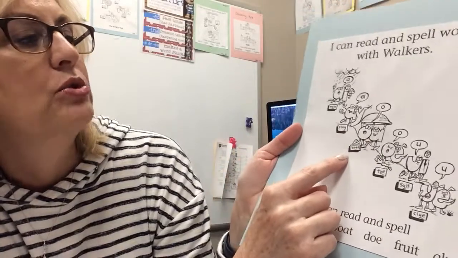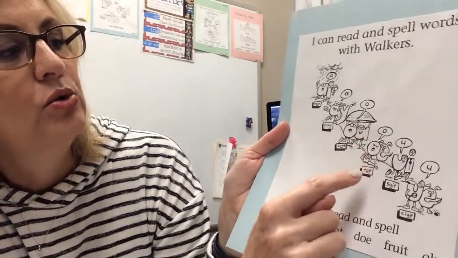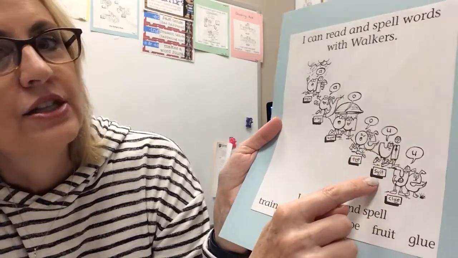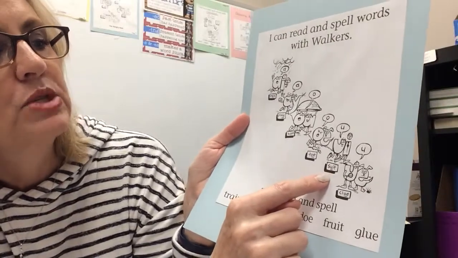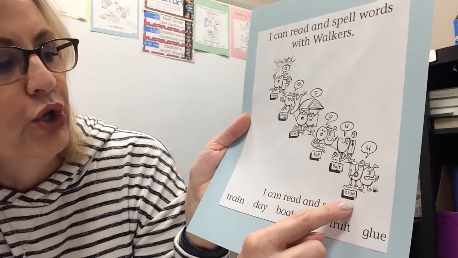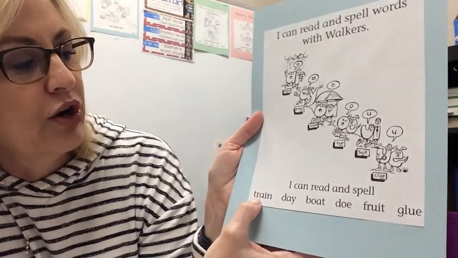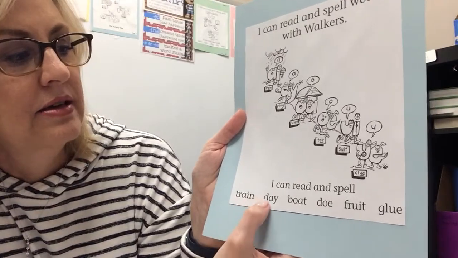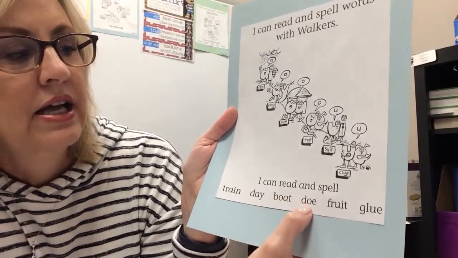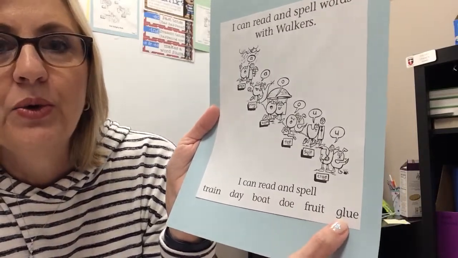OA makes the long O sound like boat. OE makes the long O sound like toe. UI makes the long U sound like suit. And UE makes the long U sound like clue. So these walkers help us read words like train, day, boat, dough, fruit, and glue.